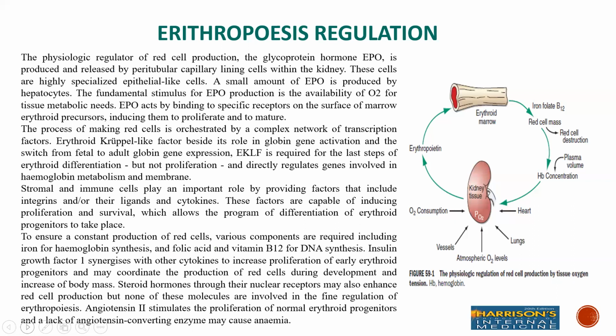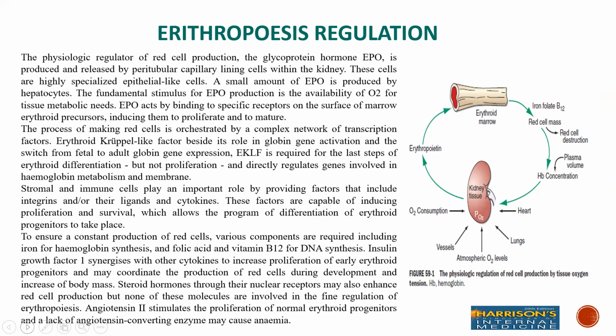Erythroid Kruppel-like factor, besides its role in globin gene activation and the switch from the fetal to adult globin gene expression, is required for the last steps of erythroid differentiation, but not proliferation, and directly regulates genes involved in hemoglobin metabolism and membrane.